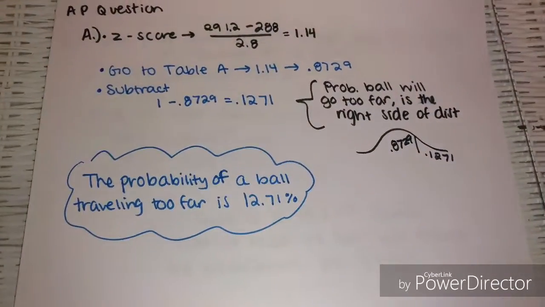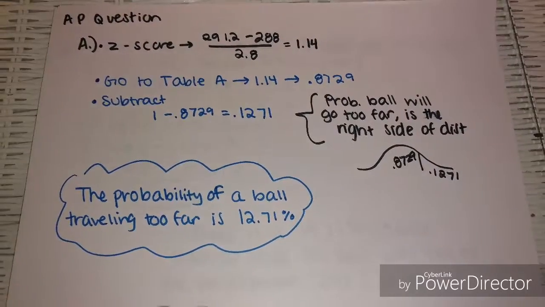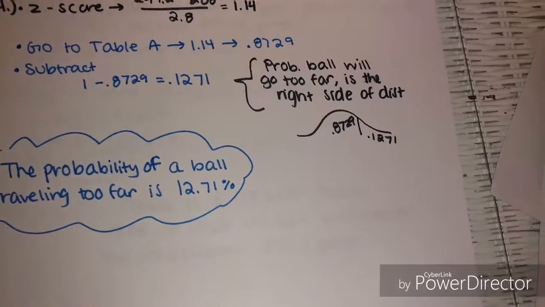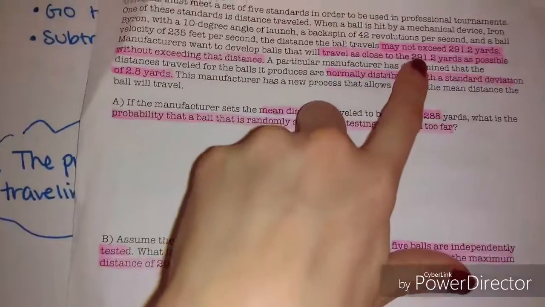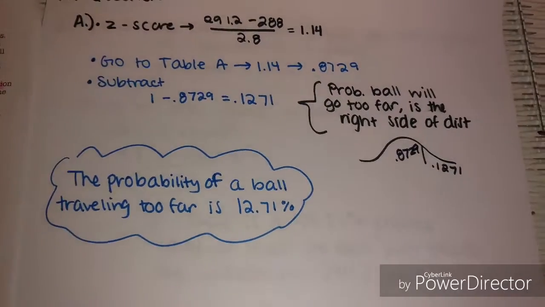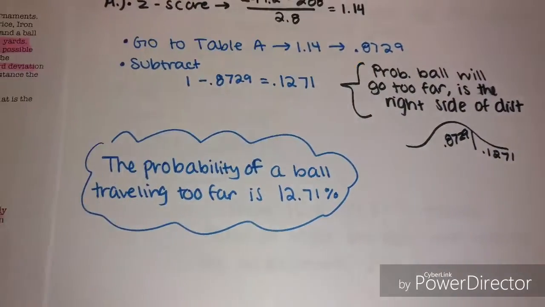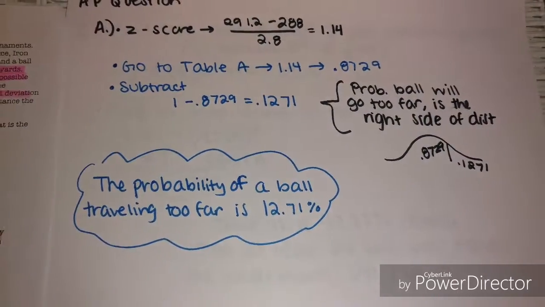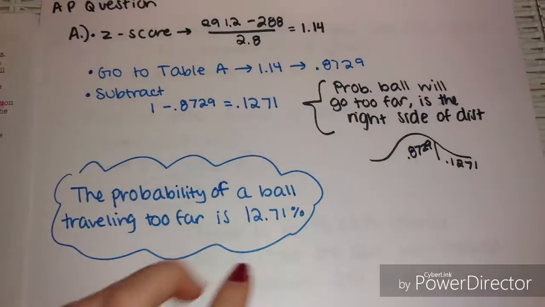Okay, so for Part A, we're taking the z-score formula again. We're taking 291.2, which is what it cannot exceed, but we want it to be the closest to, minus the 288 that they gave us in Part A, divided by our standard deviation of 2.8 yards. This gives us 1.14.